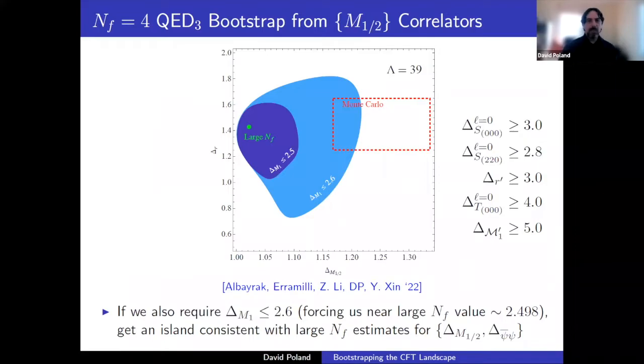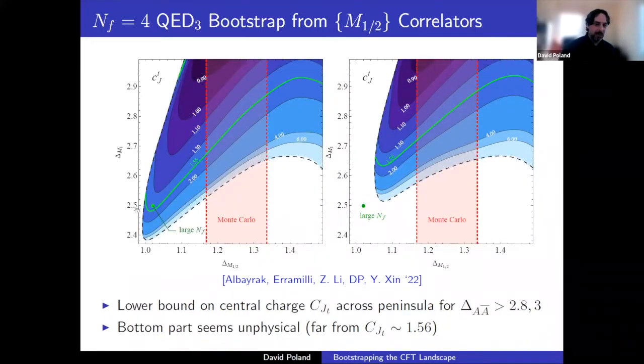Okay, but if you try to take this tip seriously and ask, what does the rest of the spectrum look like? One thing you can do is assume the M1 monopole operator is living somewhere in this tip. So we can assume its scaling dimension is less than 2.6.